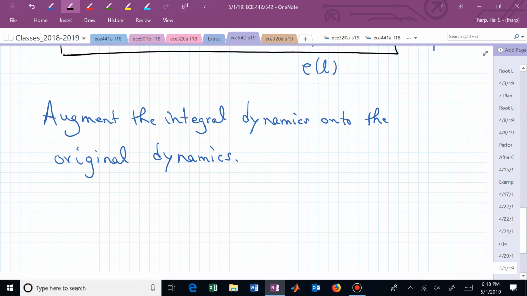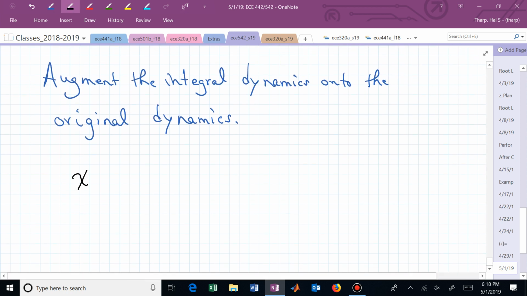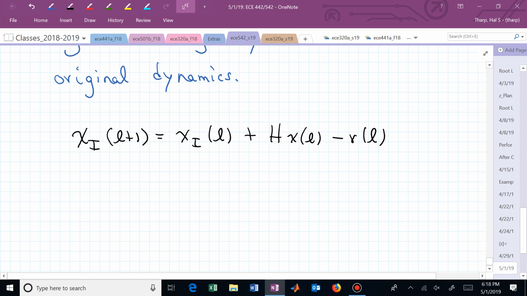What am I saying? I'm saying x sub I of L plus 1 is equal to x sub I of L plus Hx of L minus R of L, and I'm using that together with my original system dynamics.